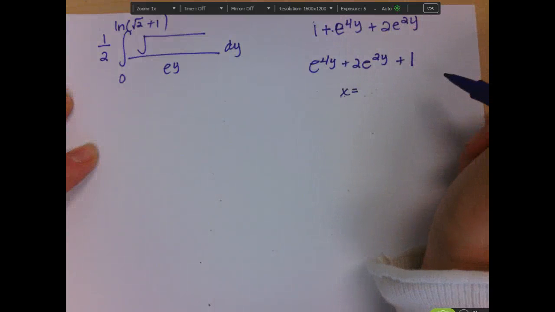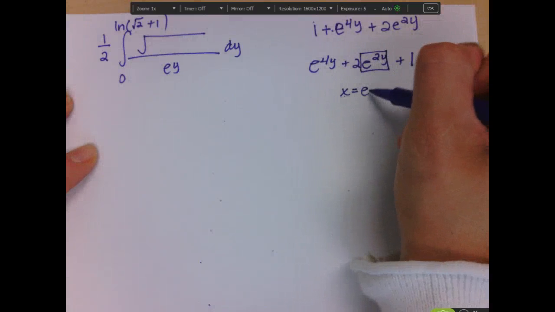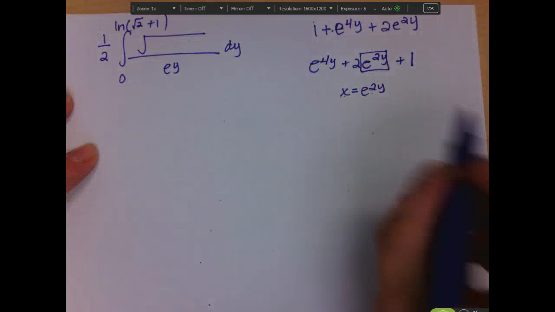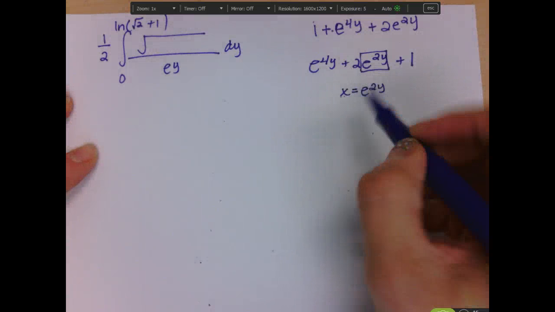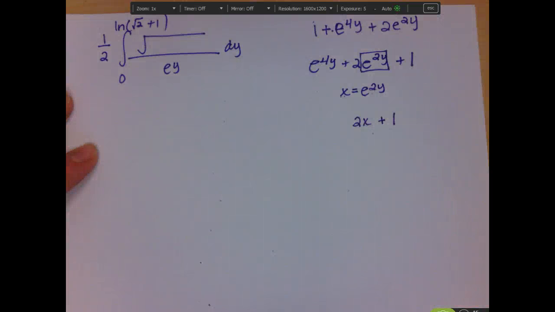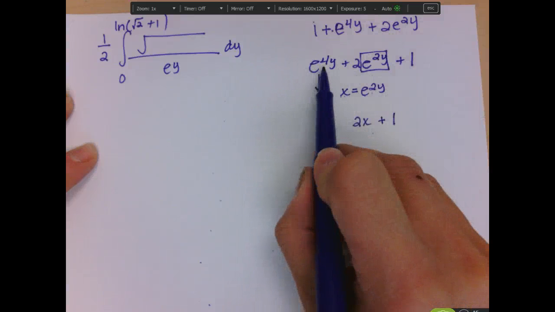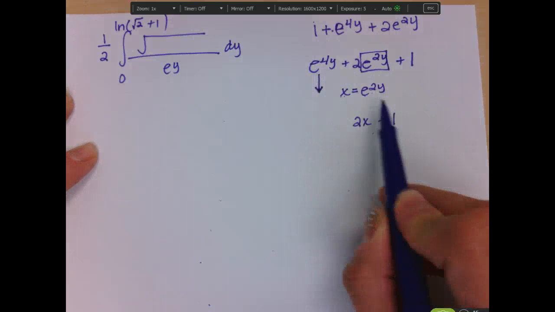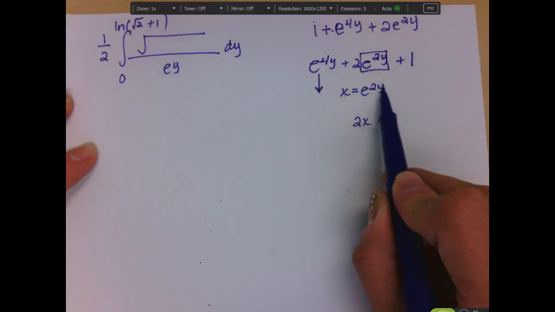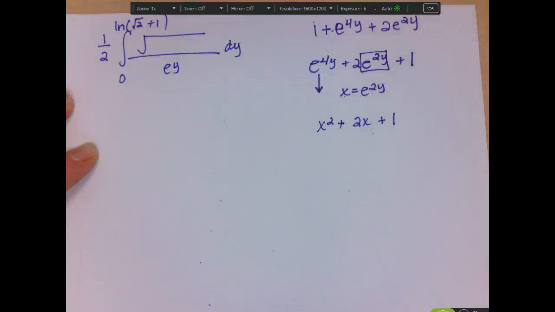If I let my x term be e to the 2y, then this whole term is really just going to become a 2x, and then a plus 1. And then this term right here, e to the 4y, is equivalent to e to the 2y squared, or in terms of x, that's really just x squared.